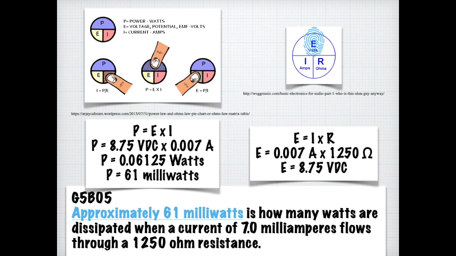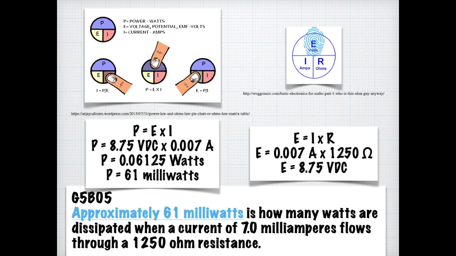So we were given 7 milliamperes and 1250 ohms. So 0.007 amps times 1250 ohms equals 8.75 volts DC.